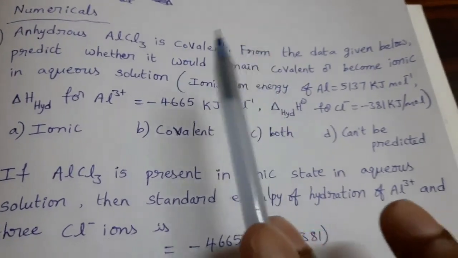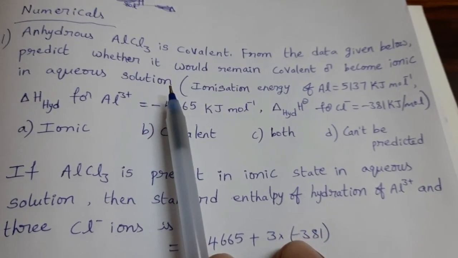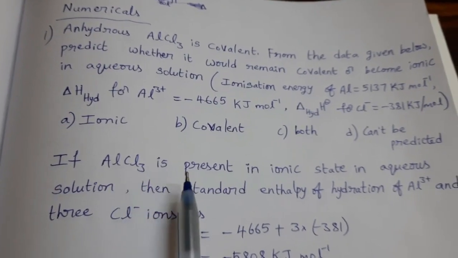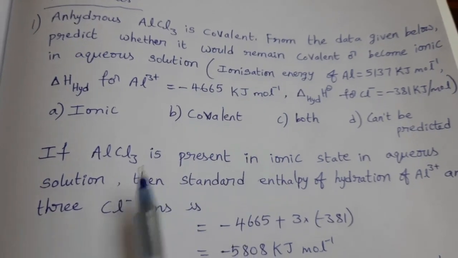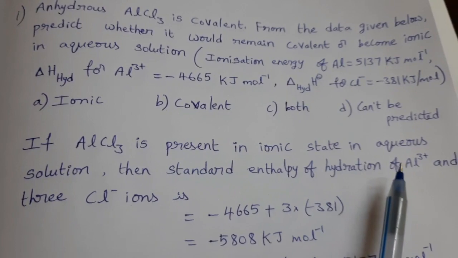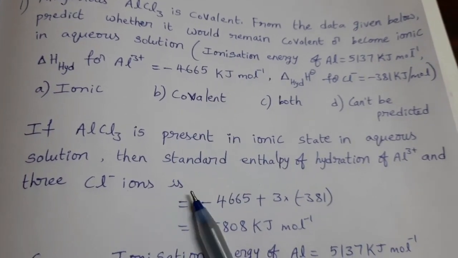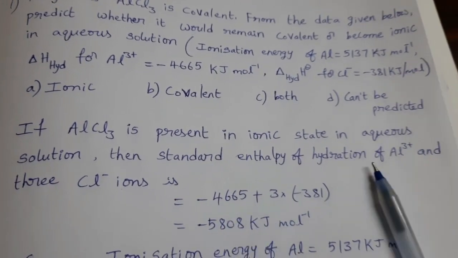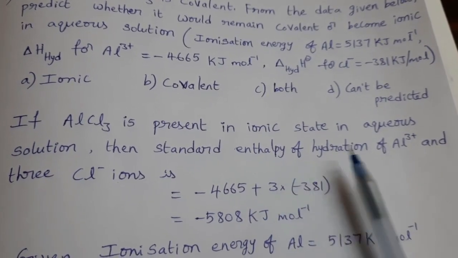Okay. So in anhydrous form it is covalent, but in aqueous solution state, what is the nature of AlCl3? We should find out. Suppose if it is ionic in aqueous solution, then the enthalpy of hydration of Al3 plus and 3 chloride ions is, for these two ions, if we add the hydration enthalpies, then we can get the enthalpy of hydration.